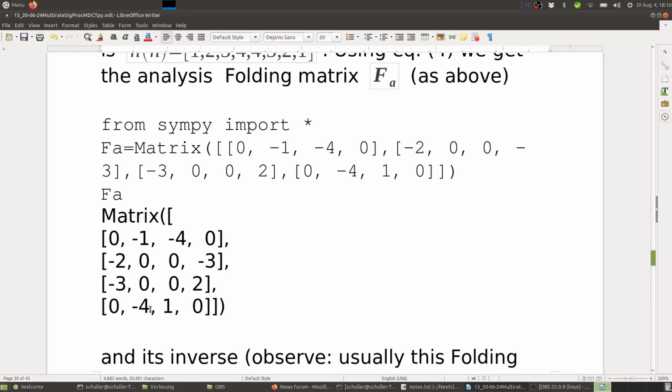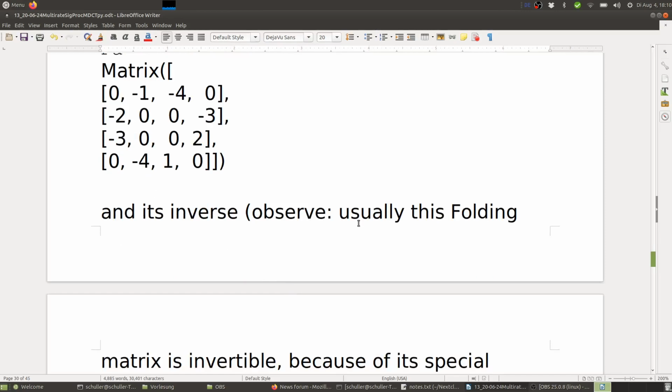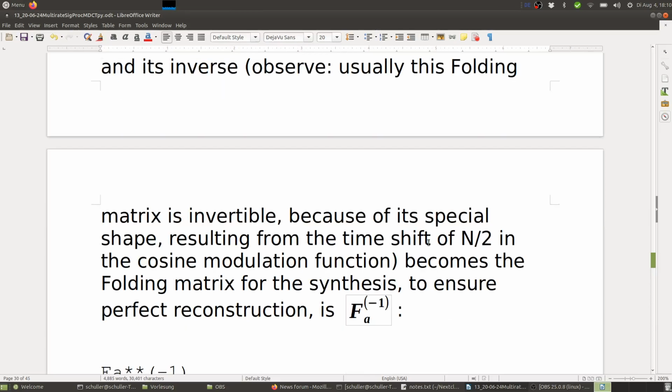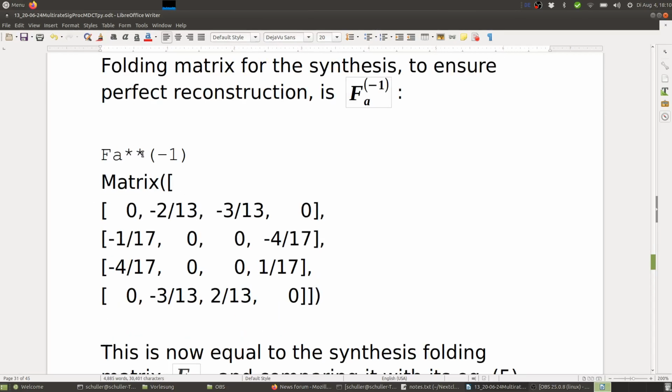We just plug in the numbers 1, 2, 3, 4, 4, 3, 2, 1 with a sign change here. And then we get its inverse. Observe, usually this folding matrix is invertible because of its special shape, resulting from the time shift of N over 2 in the cosine modulation function, and its inverse becomes the folding matrix for the synthesis to ensure perfect reconstruction. So this is then Fa to the minus 1, and here's the resulting matrix.